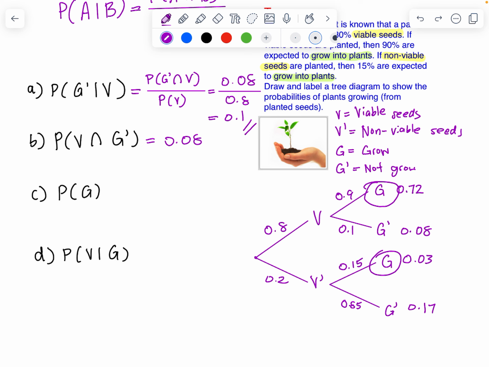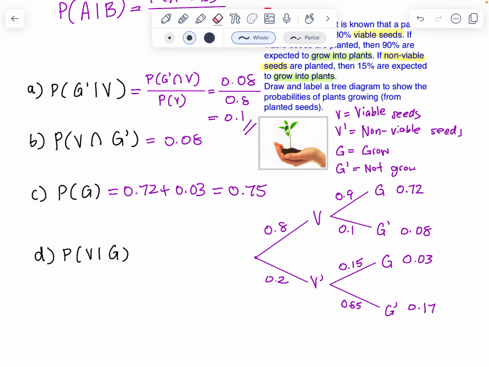So when it comes to or, we want to make sure to always add the numbers. So we have 0.72 plus 0.03. And we are going to get, when we add them, 0.75. So the probability that we're going to get a plant that grows is going to be 0.75.